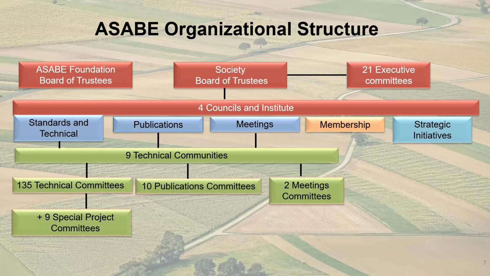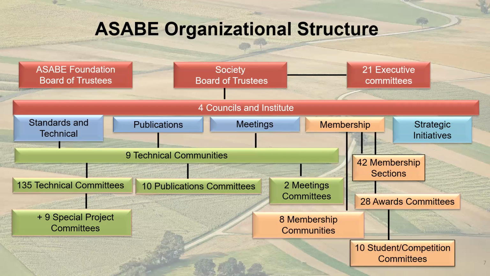3 of the councils are divided over the 9 technical communities, with various technical, publication, and meetings committees to support the work of our membership, which is your program committee, your standards oversight committee, the publications committee that we just saw.